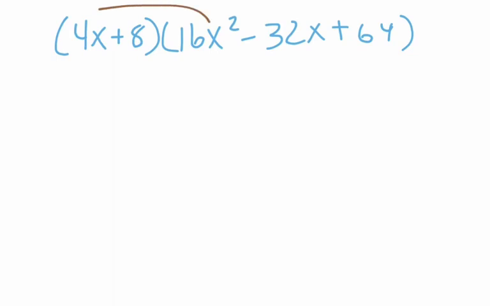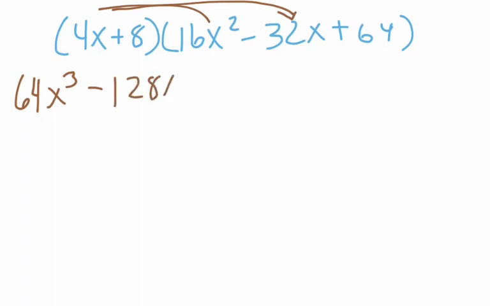4x times 16x squared. Well, 4 times 16 is 64, and x times x squared is x to the third. 4x times negative 32x, that's lovely. 4 times negative 32 is negative 128, and x times x is x squared. 4x times 64, well, 4 times 64 is 256, and then of course you have the x.